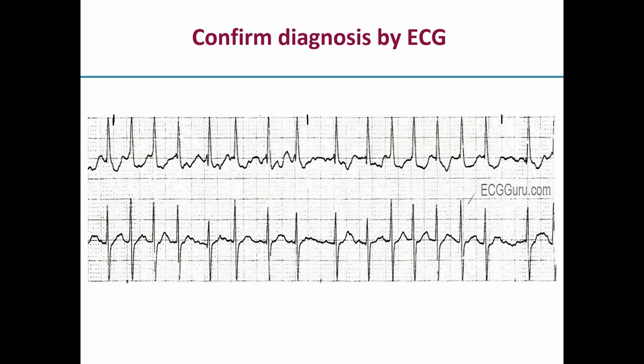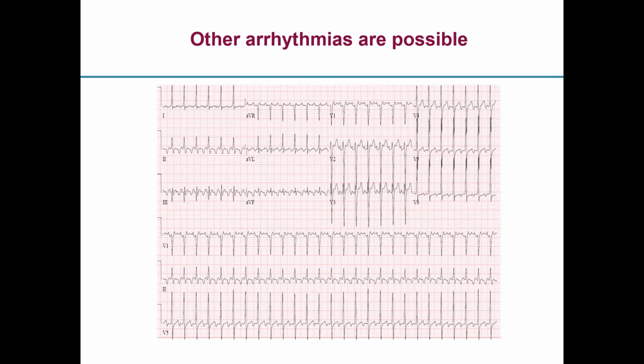You've got the two leads there, and you can see that there are irregular intervals between the QRS complexes, and you can see some things that look like a P wave, but no consistent pattern. So that's atrial fibrillation. But sometimes it might be this, which is a supraventricular tachycardia. This might be an atrial tachycardia or atrial flutter. I'm not sure, but it's regular and rapid.